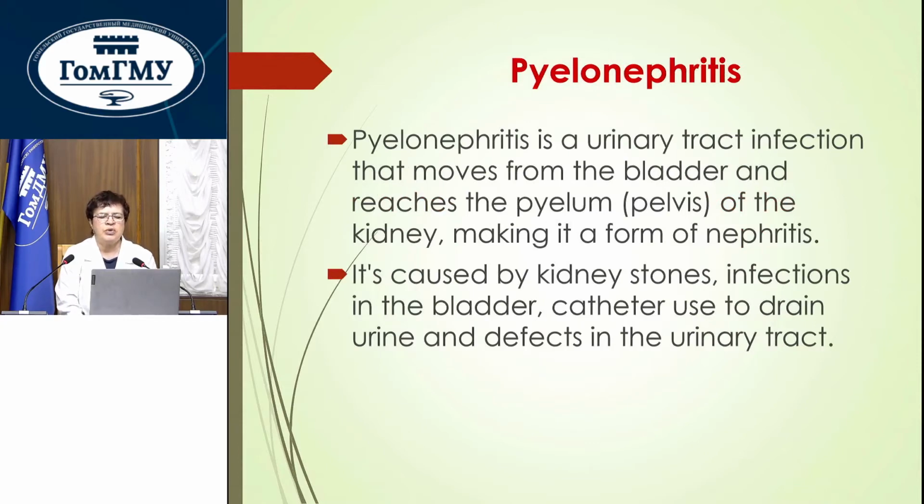Pyelonephritis is a urinary tract infection that moves from the bladder and reaches the pelvis of the kidney, making it a form of nephritis. It is caused by kidney stones, infections in the bladder, catheter used to drain urine, and defects in the urinary tract.